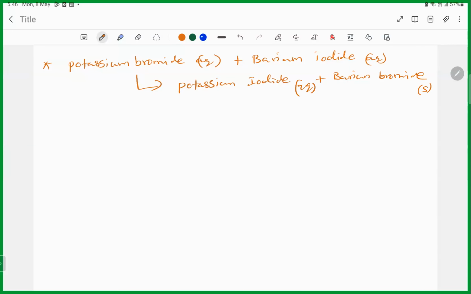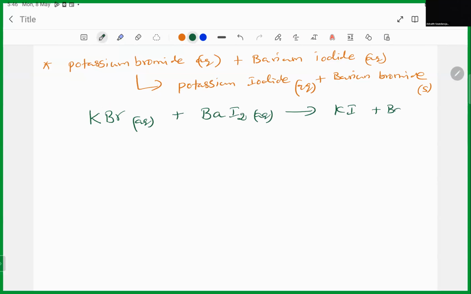So when you're writing, what is the potassium bromide formula? KBr. Okay, so it will be KBr aqueous plus barium iodide, BaI2 aqueous. Then it gives KI plus BaBr2.